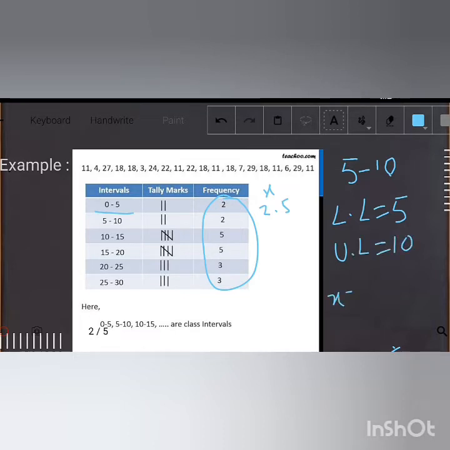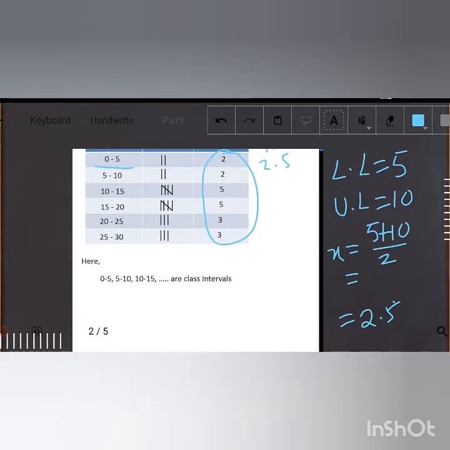X equal to lower limit plus upper limit by 2 equal to 15 by 2. 15 by 2 gives us 7.5.